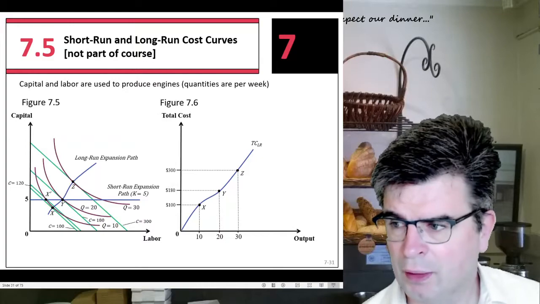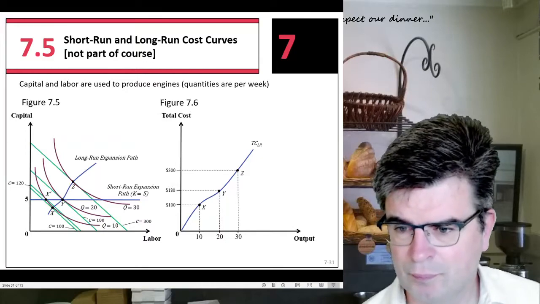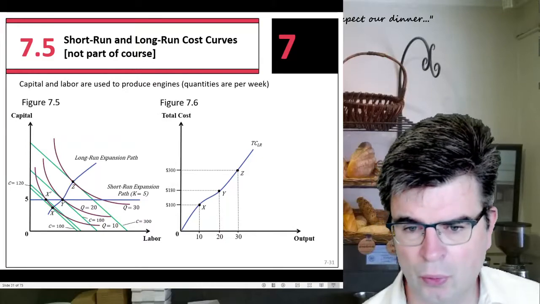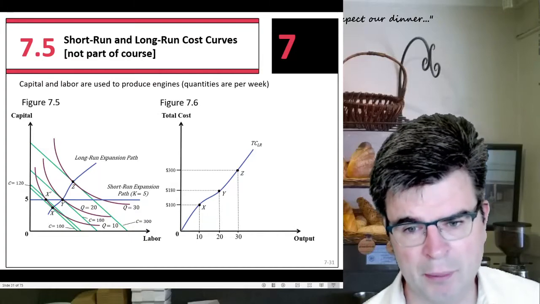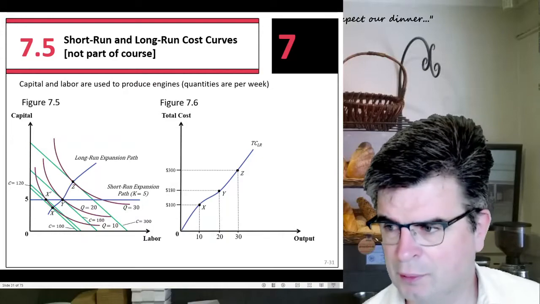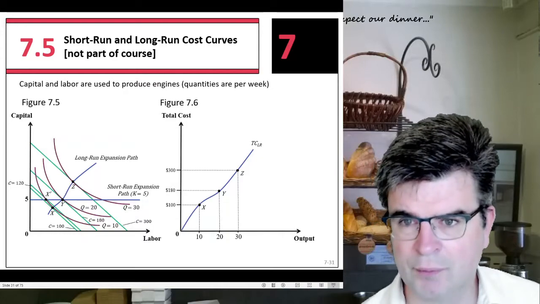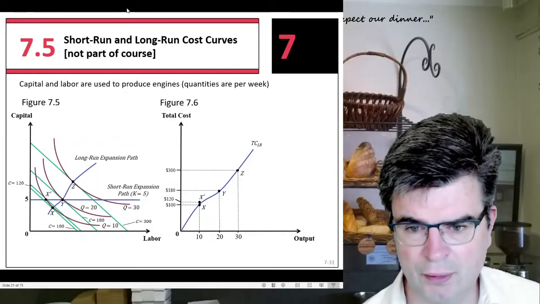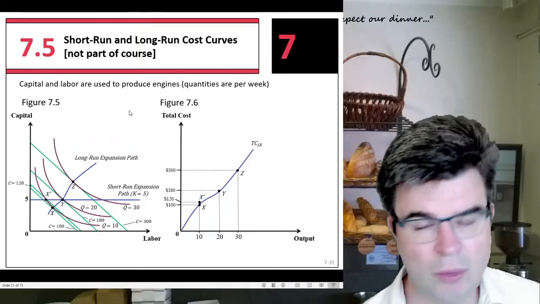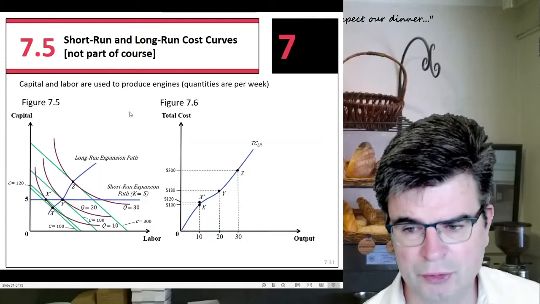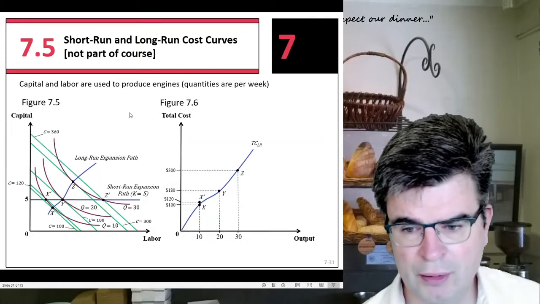And at that level, your total cost will be slightly higher than the 100 that we had before. So I don't know exactly what they are, but suppose that they are 120. And then you can also do this for the other quantities, like for example, the quantity equal to 30.